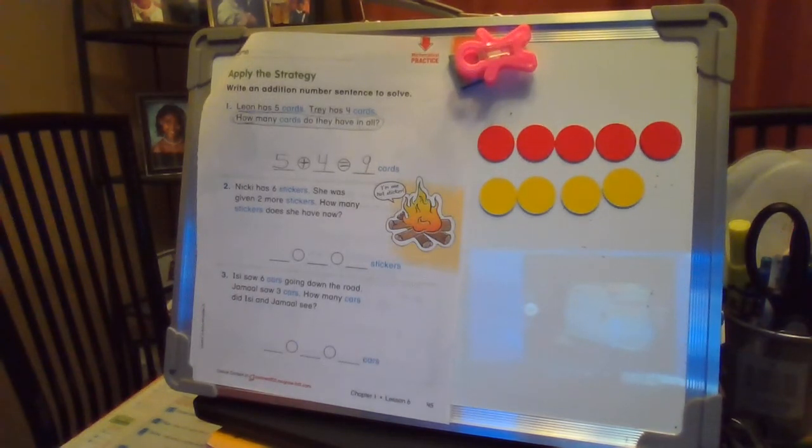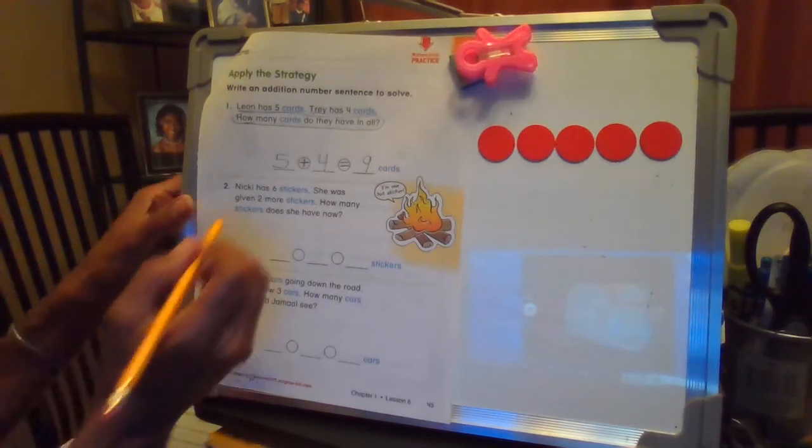Okay, number 2. Nikki has 6 stickers. She was given 2 more stickers. How many stickers does she have in all? So first I need to underline what I know. Well, I know that Nikki has 6 stickers.